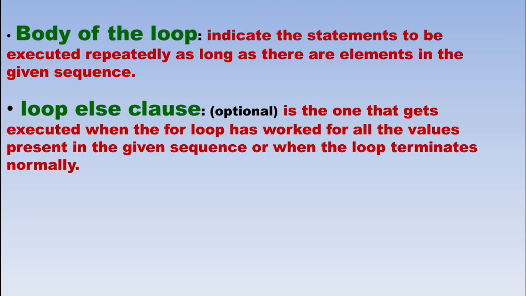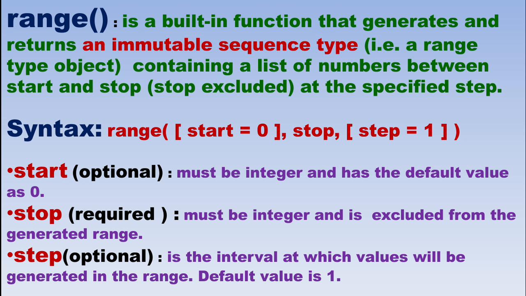You are going to study about this loop else clause in detail later children, because the significance of this clause will be clear to you only after studying jump statements like your continue and break statements. So that is a later topic, so we will discuss it in detail there only.